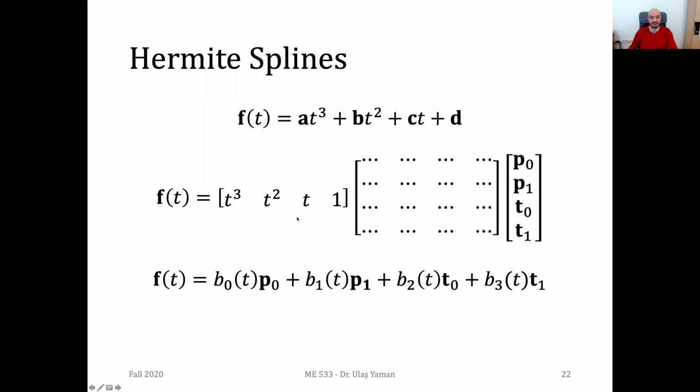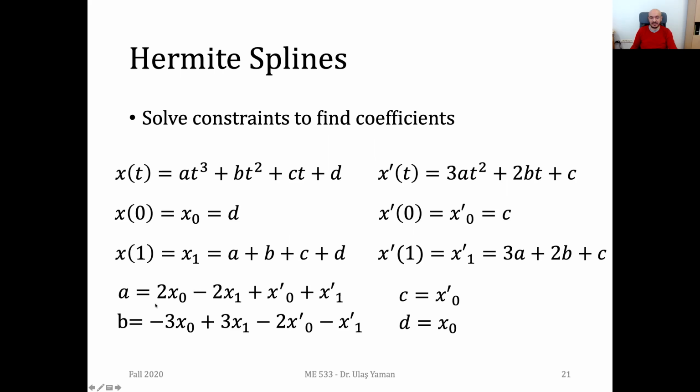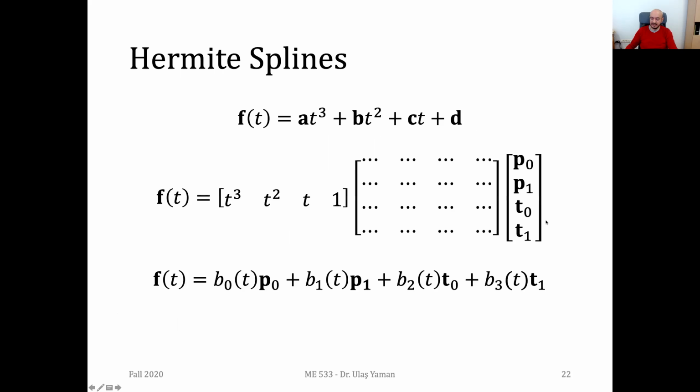Now we have a bit different formulation. This was our initial formulation, with coefficients a, b, c, and d. But in the previous slide, we obtained an expression of these coefficients in terms of the given inputs, right? These will be in the matrix representation. These are the inputs, the things we can control: starting points, endpoints, and the tangent vectors.